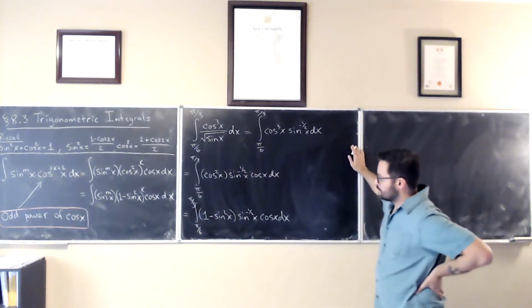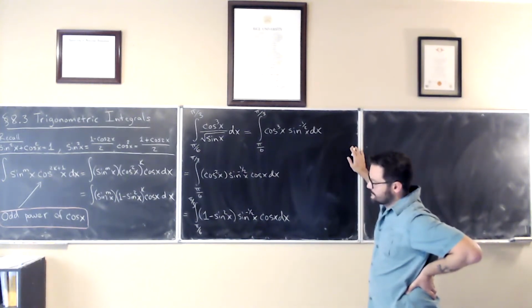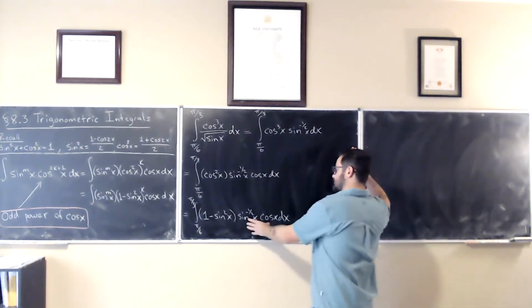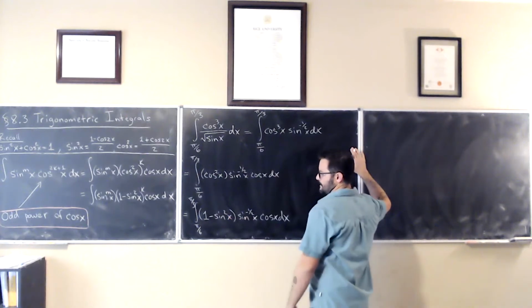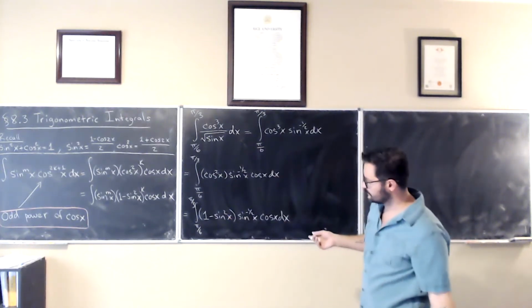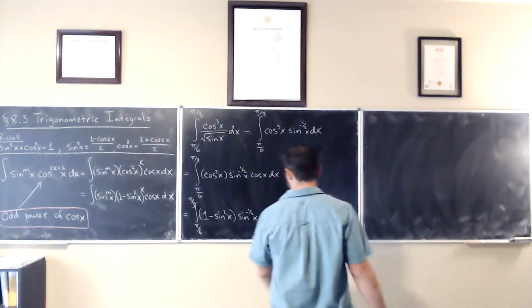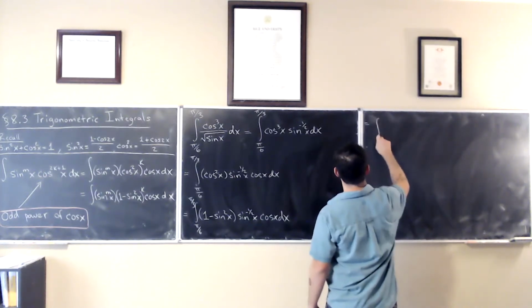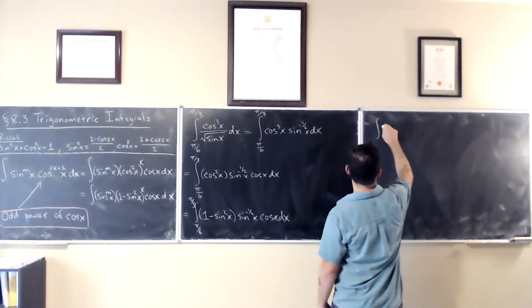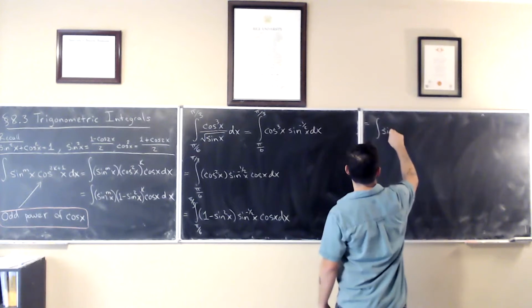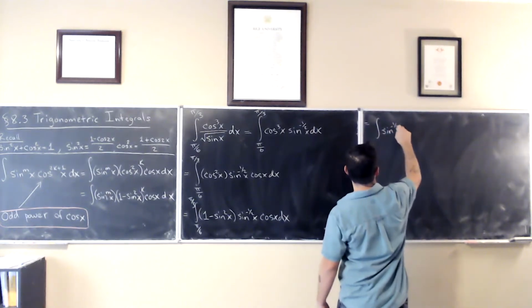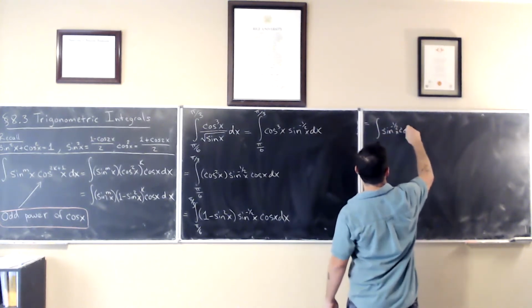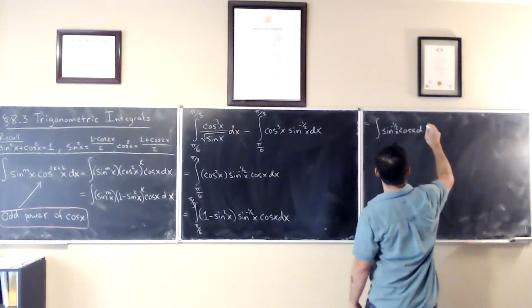Okay, so now it's really simple. Let's just distribute this in and then write it as 2 separate integrals and see what happens. So we'll do that all in one go. Sine minus 1/2 x cosine x.